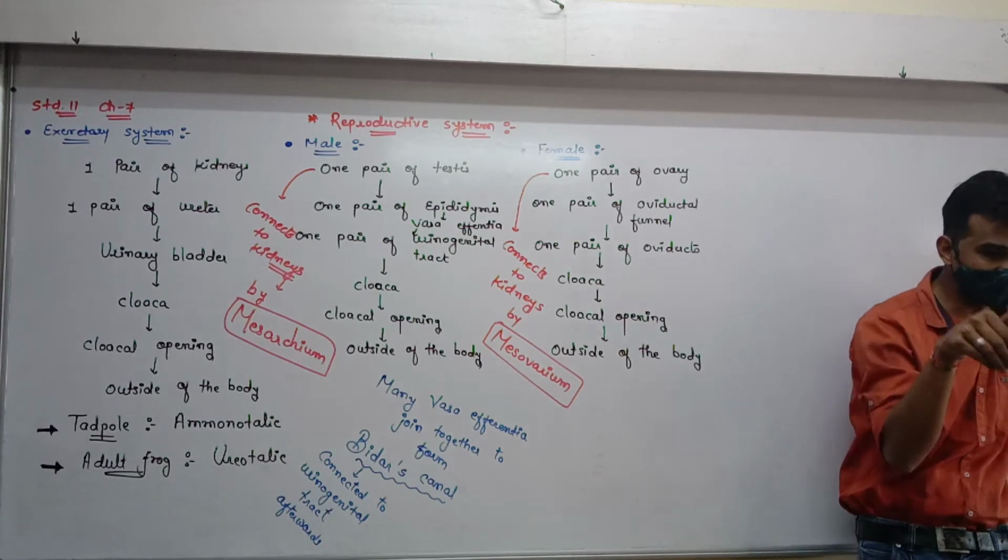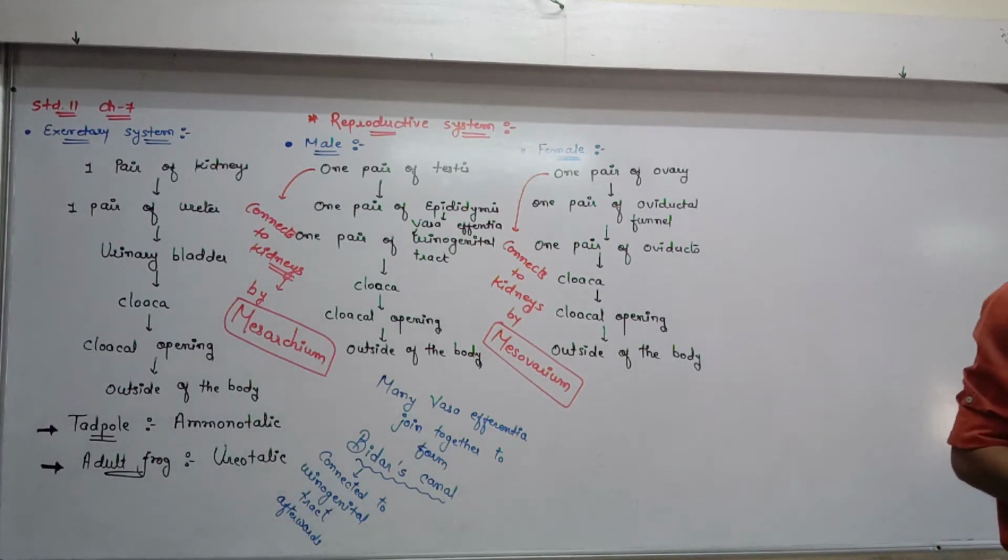At the end of this oviduct, you see a bag-like structure. It stores the ova and is connected to the cloaca.